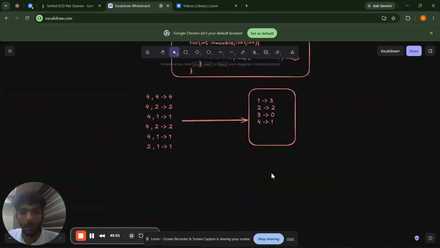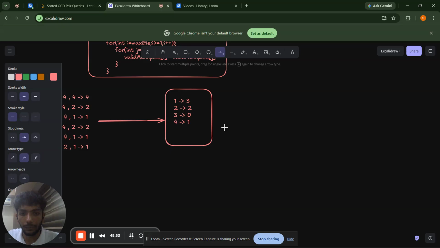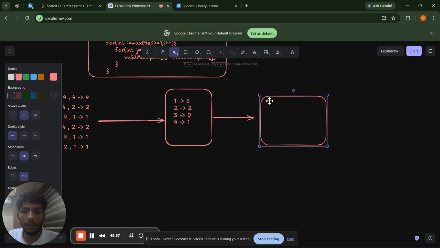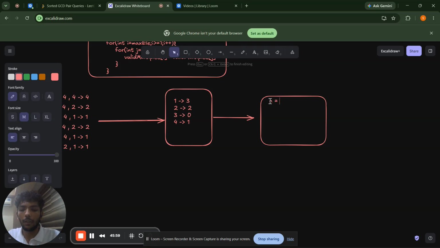Which means that if n is the size, the number of pairs will be nC2, which is n times (n minus 1) divided by 2.